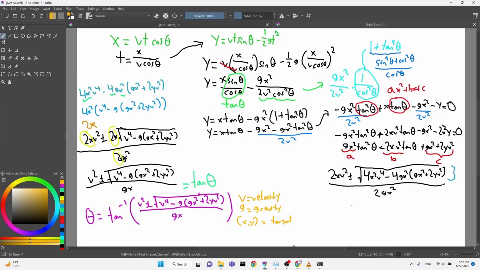Now, I forgot to tell you something. Something really cool about this is you see this discriminant over here, v to the fourth minus g times (gx squared plus 2yv squared). When it is less than 0, or when the solutions are imaginary, that indicates that you can't reach this target.